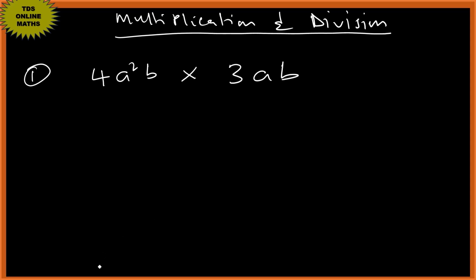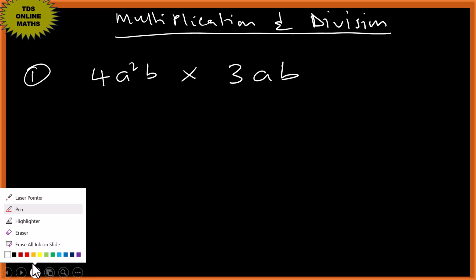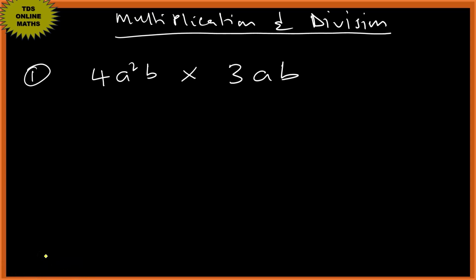okay, if you're asked to multiply the two expressions here, now don't rush. Now we are multiplying, therefore make sure you multiply the numbers. Okay, so 4 times 3 is 12. Then you deal with the letters.